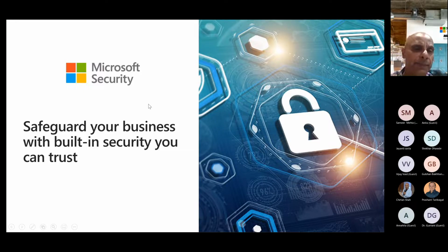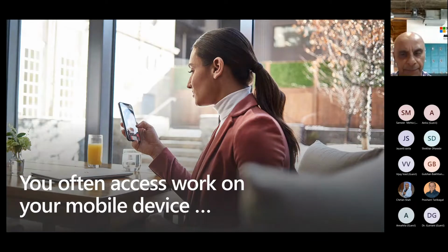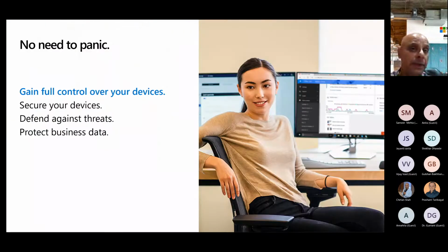Okay, now let me talk about Microsoft security. So friends, this is kind of a normal thing that all of us access our work in some form or the other on our mobile devices every day. But with all your employees accessing your office data and working from mobile phones, we need to tell you one thing, that it is you who are in control. You can protect your business data.